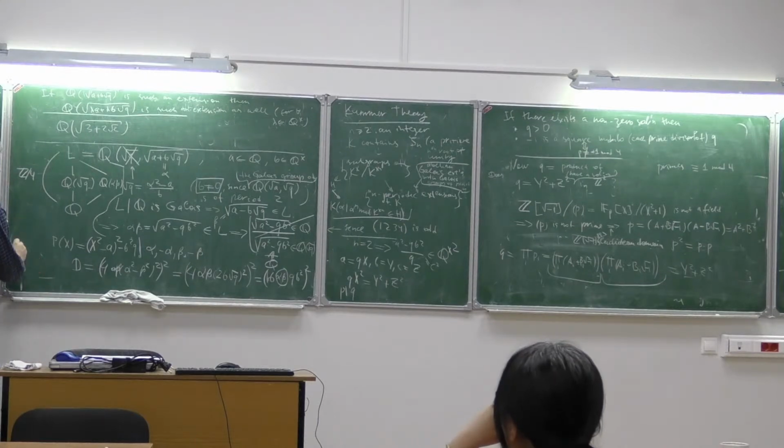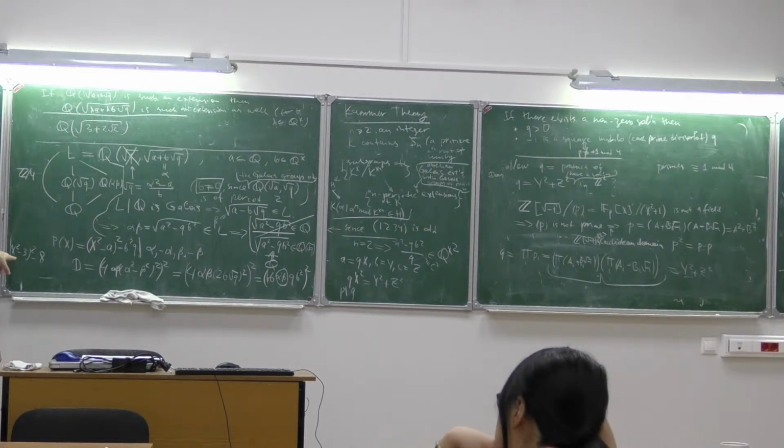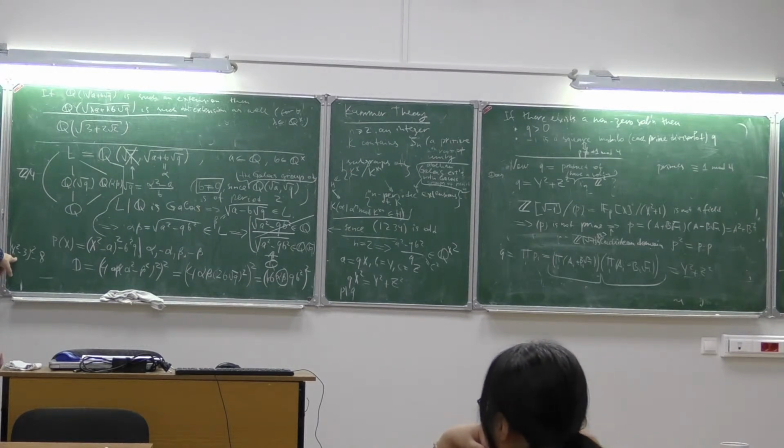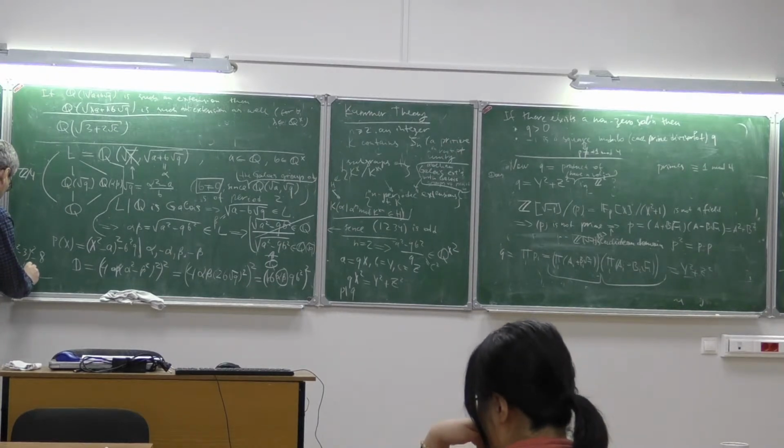So it will be x squared minus 3 squared minus 8. Is that okay? x minus 8.